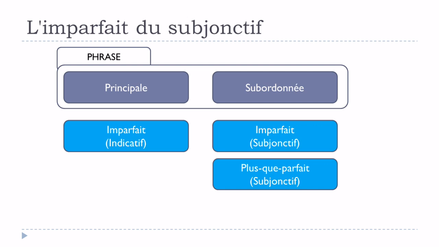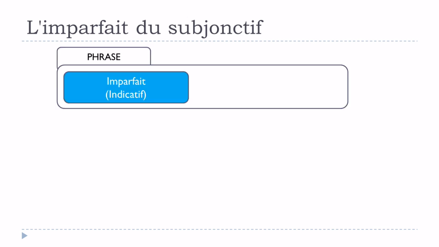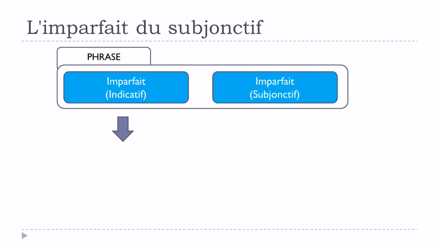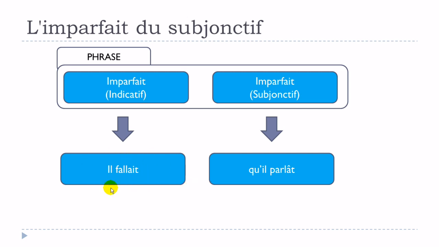Okay, so that's the way it should normally be done. Let's give an example now. Il fallait qu'il parlât. Okay, so you can see that in this first part here, you've got il fallait, so it's imparfait de l'indicatif, and then normally you should put in this subordonnée qu'il parlât, and in that case you've got l'imparfait du subjonctif. Okay?